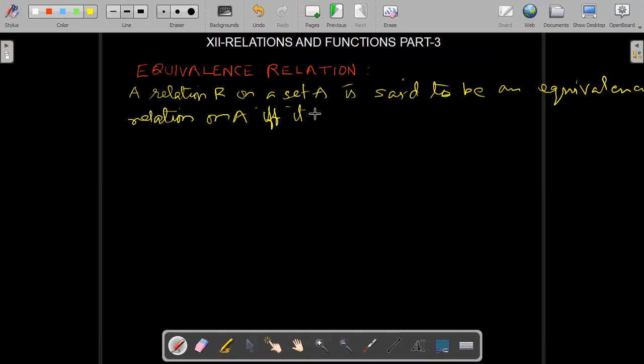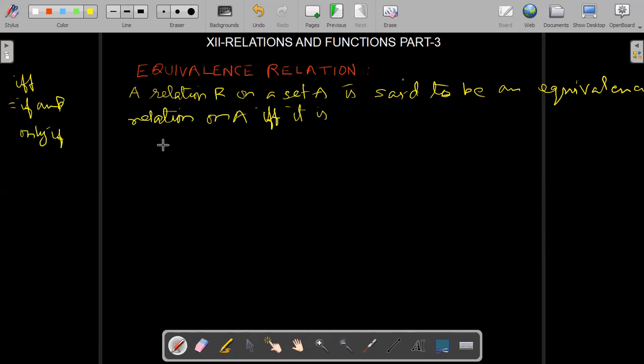IFF is used in mathematics for if and only if. I told you before also, IFF means if and only if.